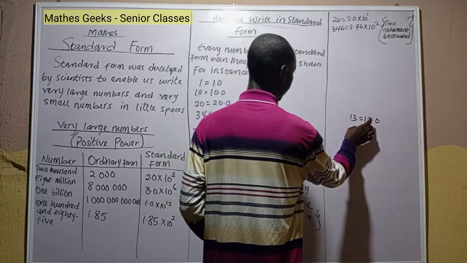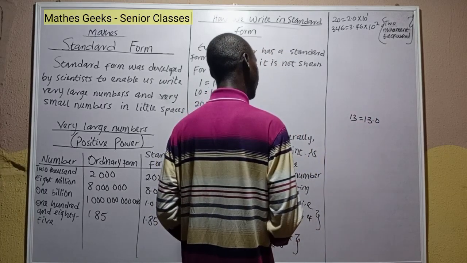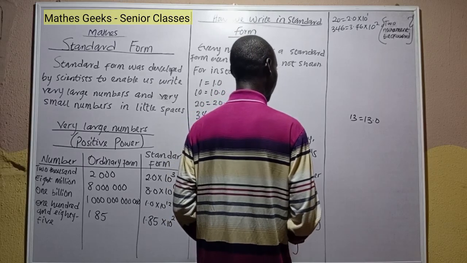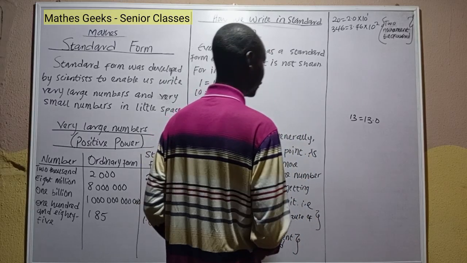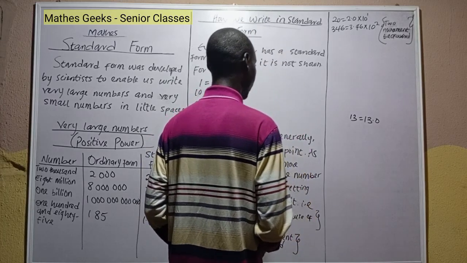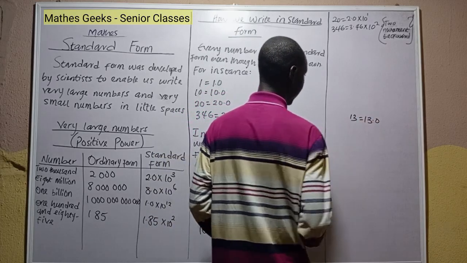So this number is large, that means we're going to move the decimal point backward. The number of times we move this decimal point backward will give us the value of this figure in standard form.